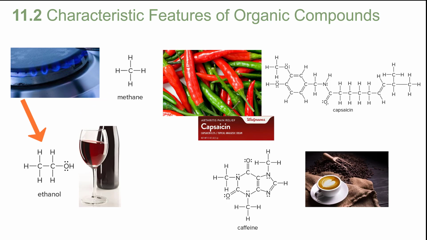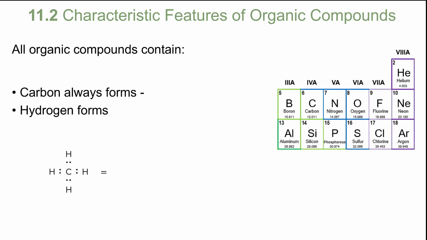Ethanol is an organic compound. Capsaicin is the active component in peppers, which can also be used in arthritis pain relief. And caffeine is an organic molecule that we probably consume daily. All organic compounds contain carbon and hydrogen atoms.